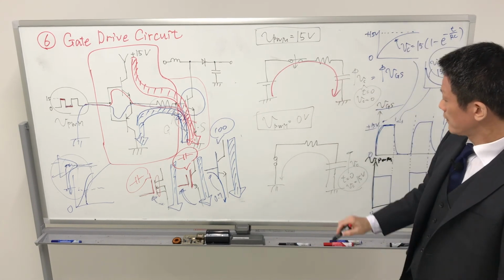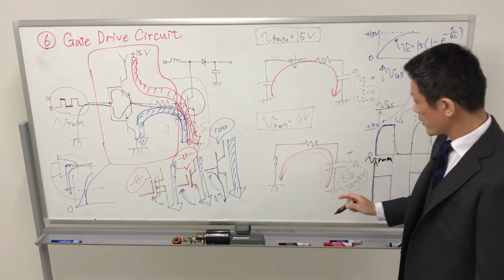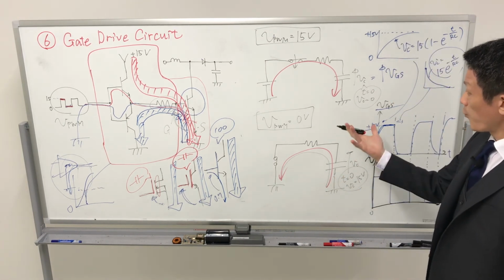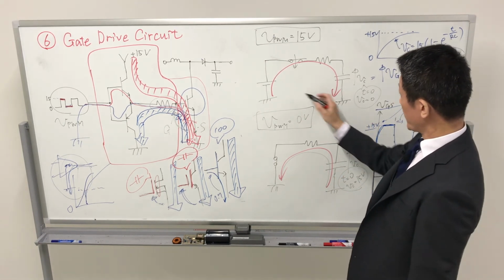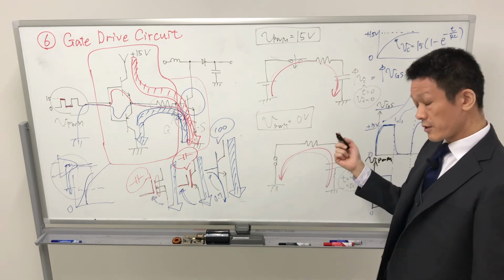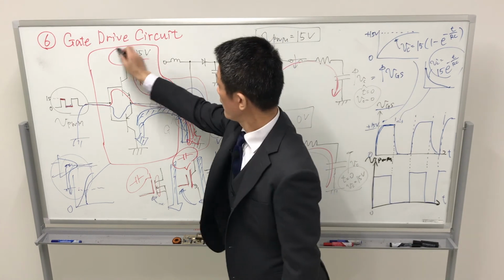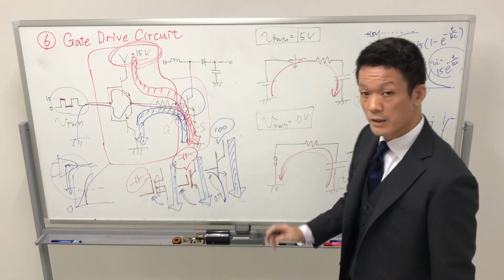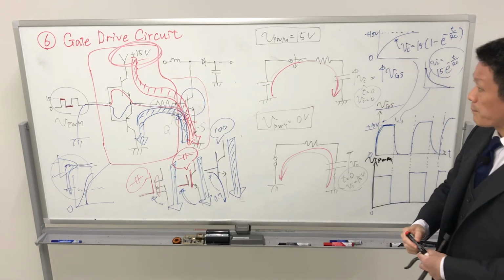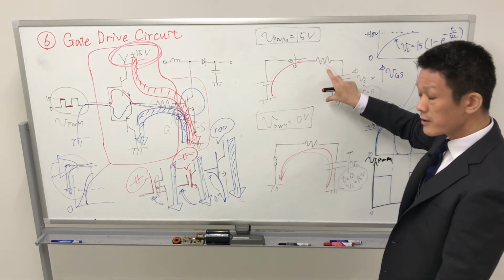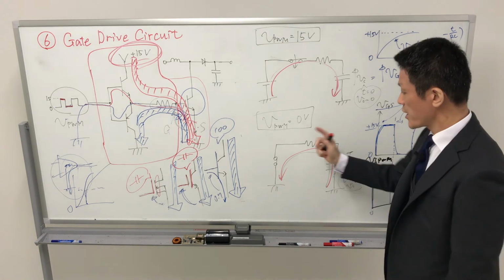Discharging also requires high current. Where can we obtain this current? This is a power source. Using the power source, we can obtain high current and charge and discharge.